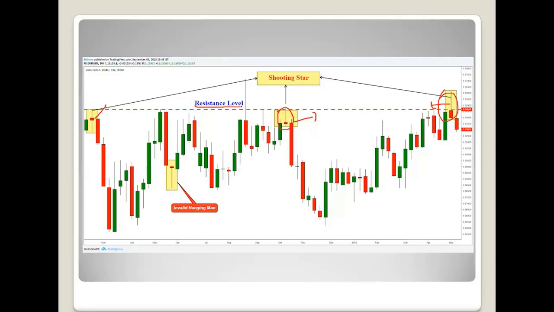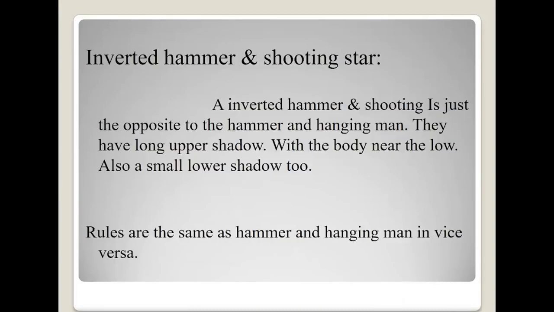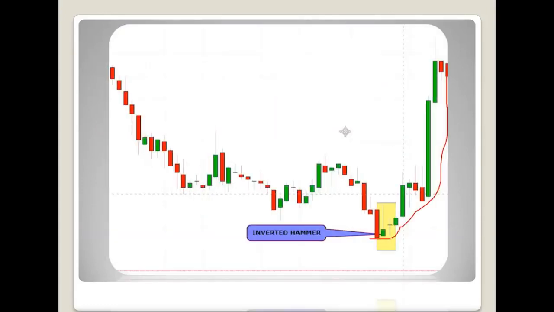So rule number 2 applies here. When there is a resistance, you need not wait for the next candle confirmation. You could have gone for a sell over here. So those are the rules we have set for trading an inverted hammer and a shooting star. As you can see, the rules are the same as for the hammer and the hanging man, only vice versa.